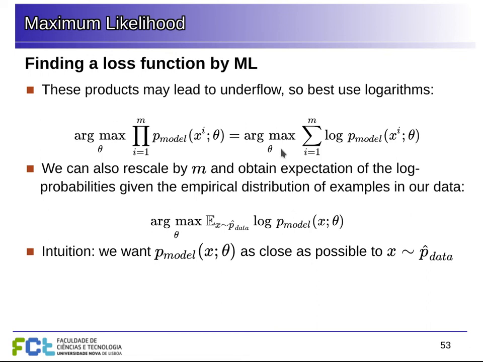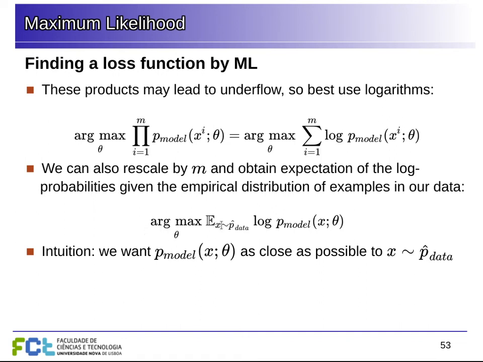Another thing that we can do is note that the set of parameters that maximizes the sum of all these probabilities will be the same as the set of parameters that maximizes the average of the probabilities, because this just means that we are dividing by m, but it's a constant, so it doesn't make a difference for the parameters that we'll find. So basically, this would be what we want to do.